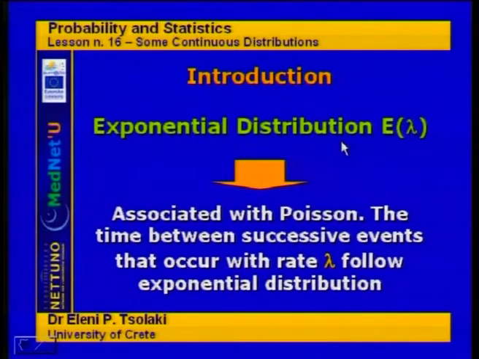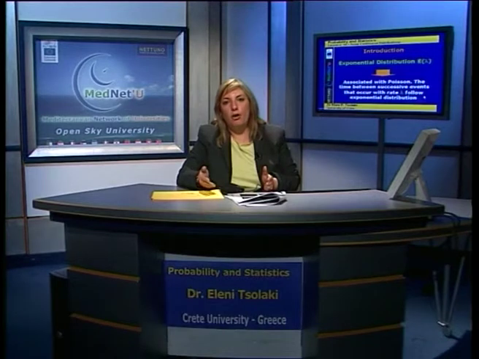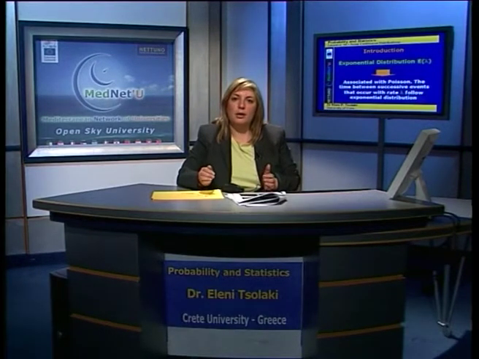We said that these two distributions are associated. The exponential distribution can be used when we want to measure the time between successive events that occur with rate lambda. In the Poisson distribution, we are measuring the number of outcomes when we have an experiment.